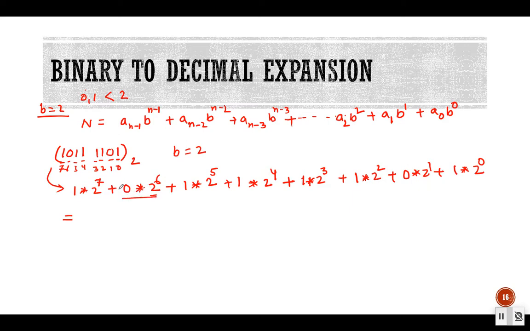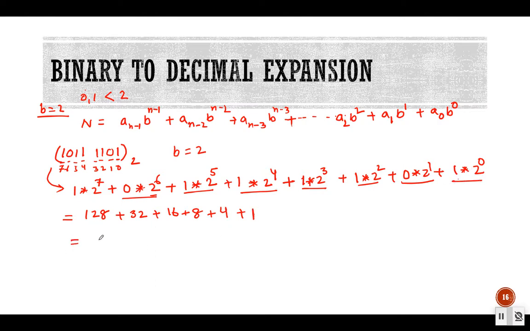For some of the numbers we have 0 times something, that means they are just 0, for example this and this, so you can just consider the non-zero digits. So that will give me 128, 32, 16, this is 32, that is 16, that is 8, that's 4, and that's 1.